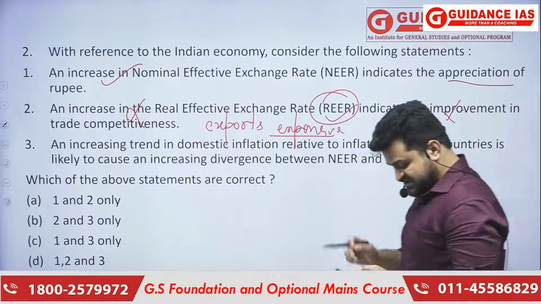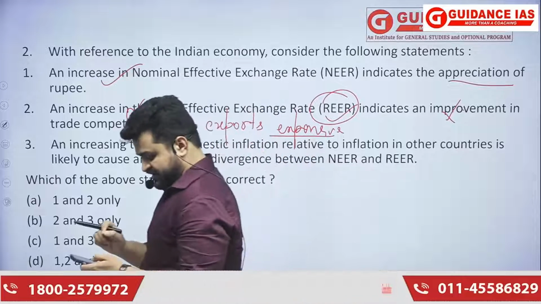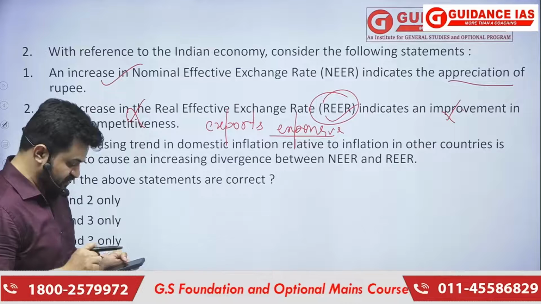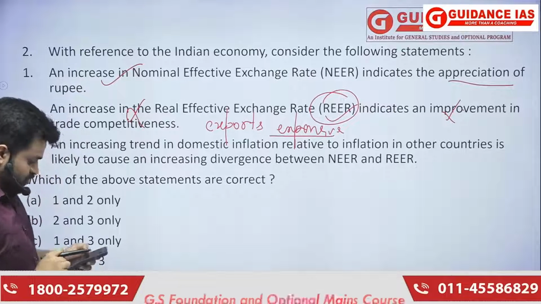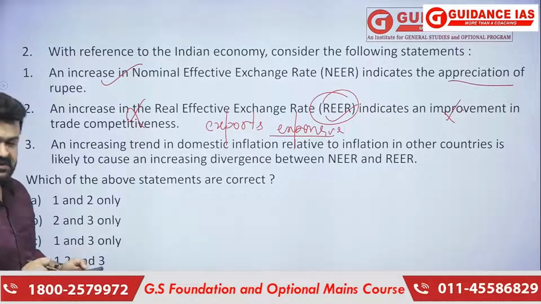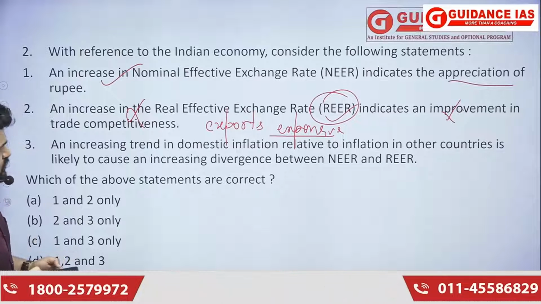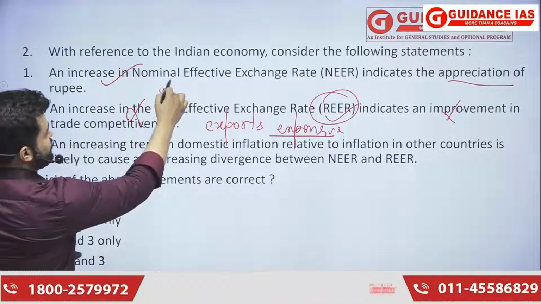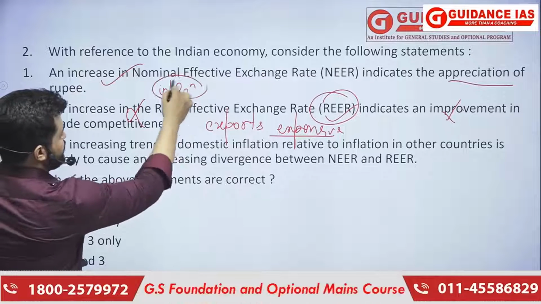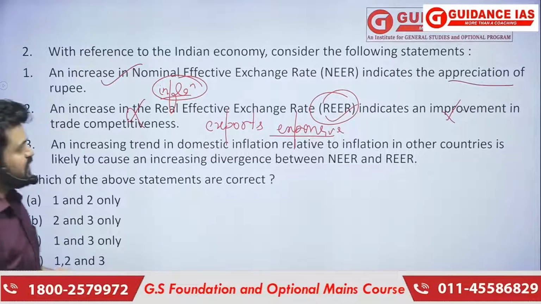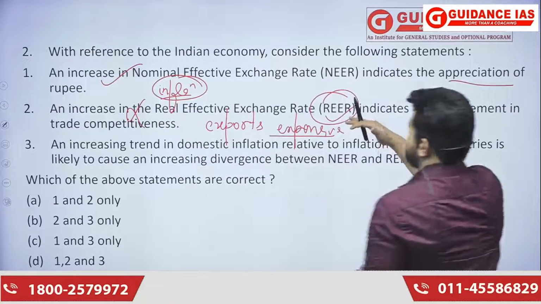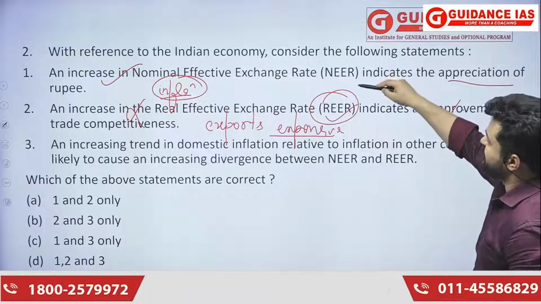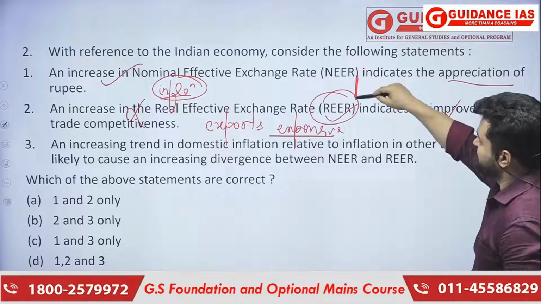Now the third statement is that an increasing trend in domestic inflation relative to inflation in other countries is likely to cause an increasing divergence between NEER and REER. As I told you, REER also accounts for the level of inflation in the economy, and because it is determined by the prevailing price level, if there is inflation, then there will be a larger difference between NEER and REER.